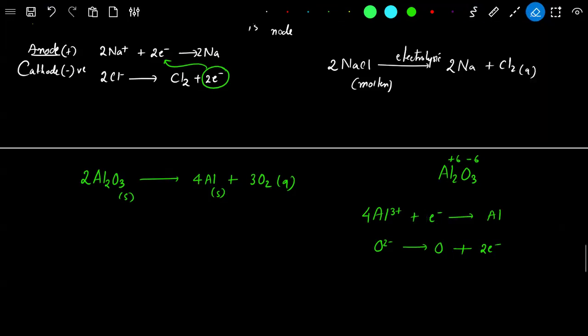Therefore, 4 of them will lose how many? 12 electrons they will lose, and it becomes O2-. And how many? 3 O2 we had.